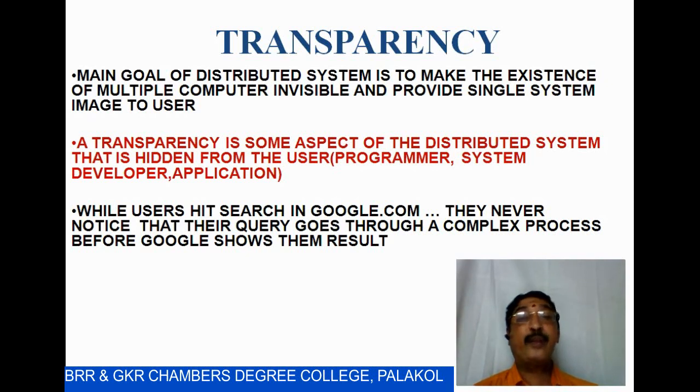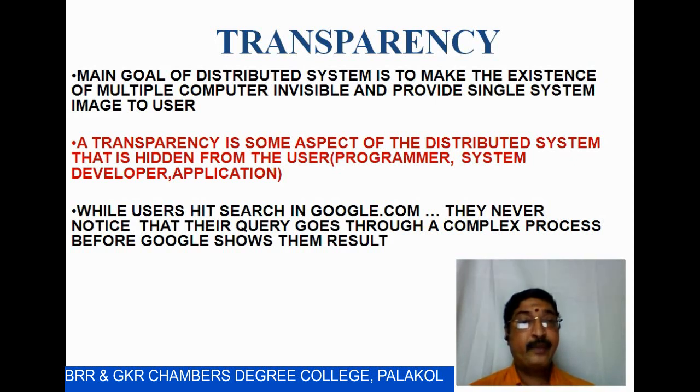A particular process will be executed at different locations because in a distributed system, different machines, different equipment will be located at different areas. Geographically, those will be in different areas, maybe in different countries. A particular task will be shared among all these or among some of the equipment of the distributed system.